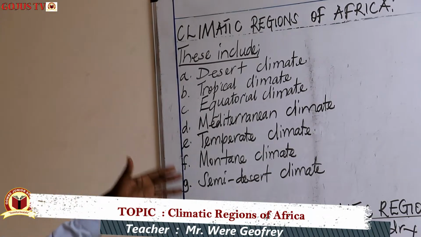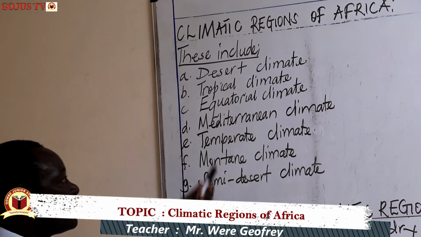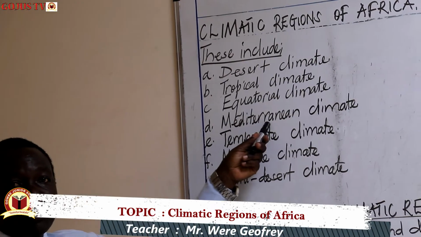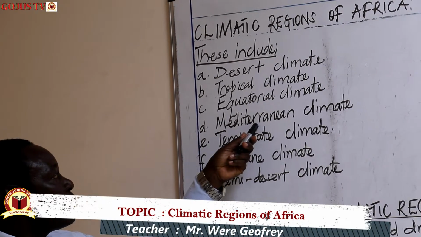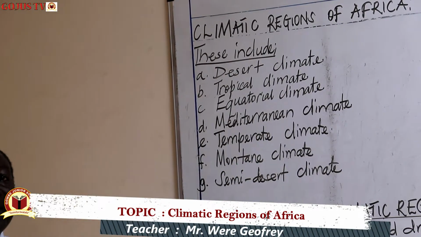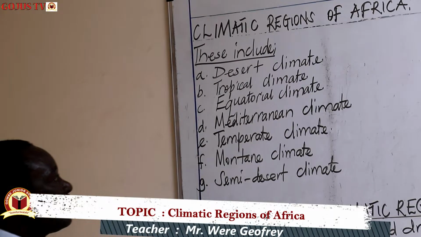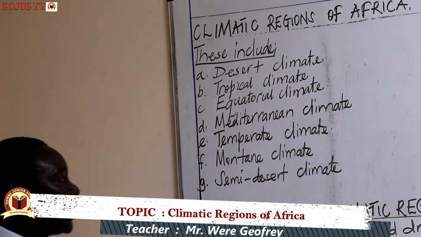Now, all these, take note of Mediterranean. Examiners want the Mediterranean mostly, simply because of the spelling. Many candidates mess up with the spelling of Mediterranean climate.